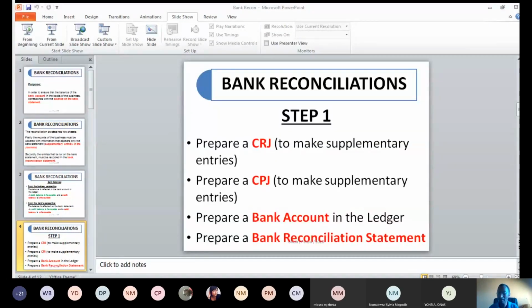Remember, you don't get any additional marks if it balances, and if it doesn't balance, you don't lose any marks. So don't waste your time looking for why it doesn't balance and where you've made a mistake. This is exam conditions, guys. Just leave it and move on to the next question.